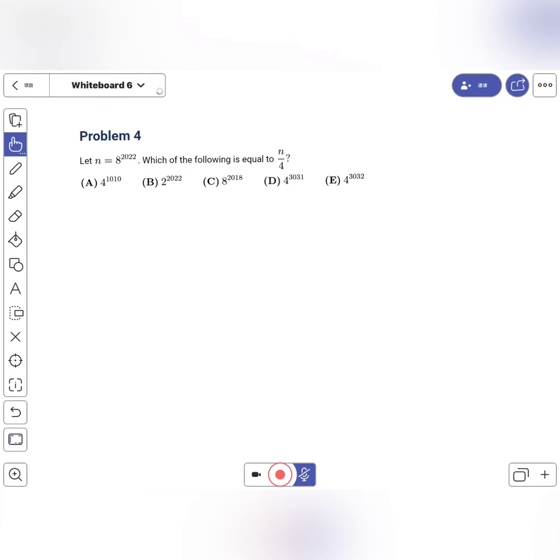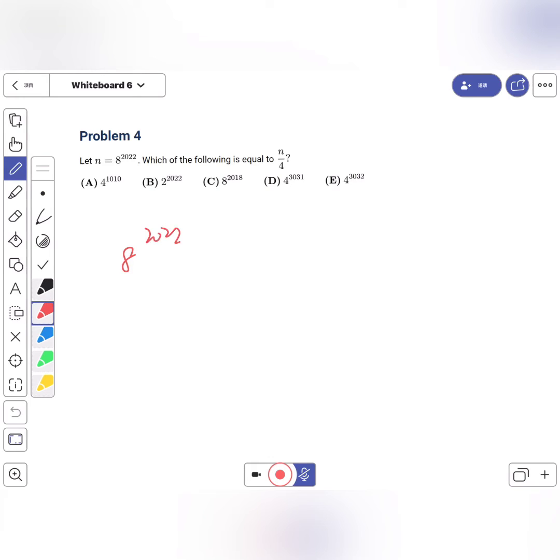Equals 8 to the 2022 power, and which of the following is equal to n over 4? A really clever way would be to express everything in terms of 2, right? Then we know that 8 to the 2022 is basically equal to 2 cubed, raised to the 2022 power.